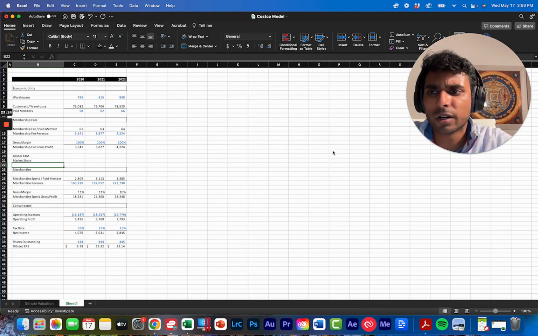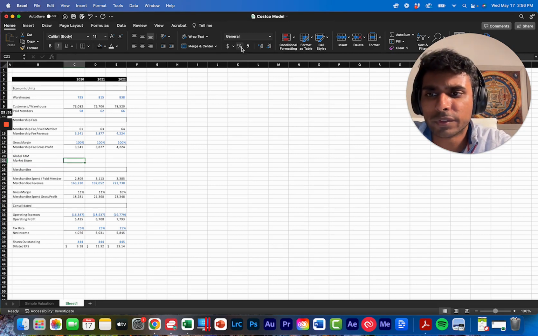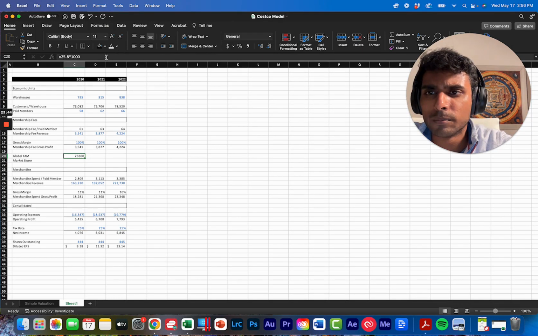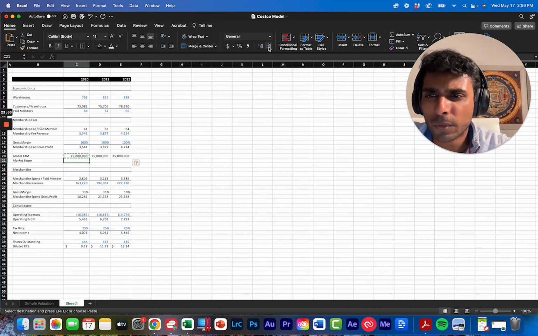And then market share. This number isn't really going to drive the model, at least not the way we've set it up right now, but it gives us a little bit more context as to what drives this number, and how much room it has to run in terms of growth.